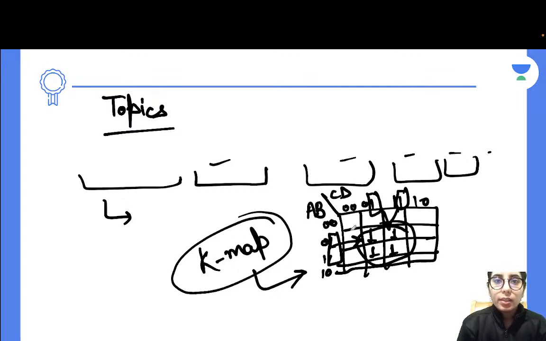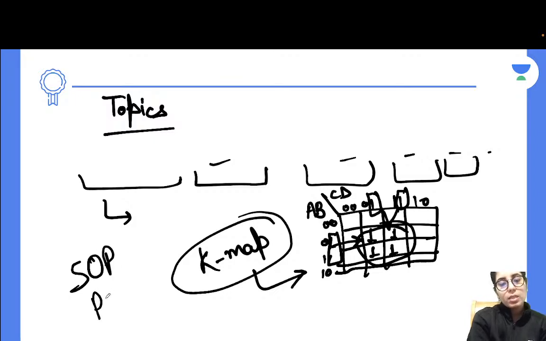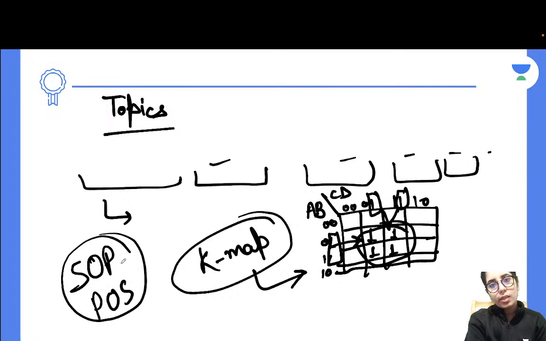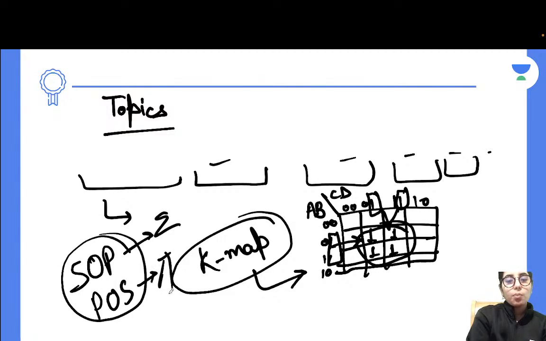Other than that, you should know the difference between SOP form and POS form, and the simplification becomes quite easy after that. Whether you have to fill the ones in the K-map or the zeros in the K-map is what you prepare when you do the simplification of SOP and POS, and you get to know what you consider for SOP and what you consider for POS form. That's how things will work.